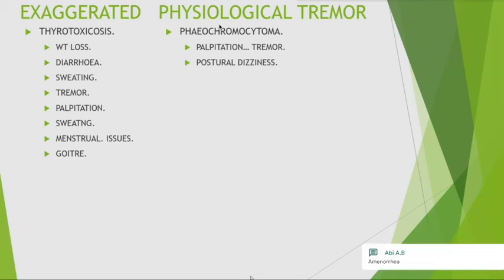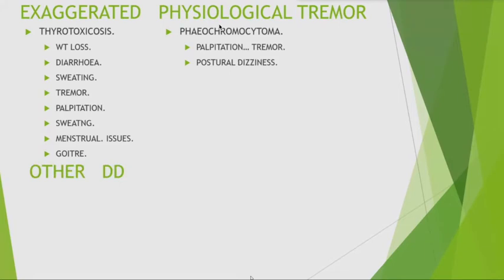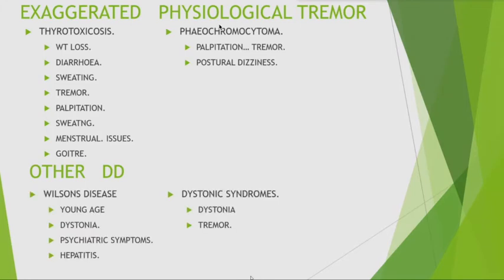And pheochromocytoma can also manifest as episodic palpitation, tremor, and postural dizziness. The other differential diagnoses to be offered, though rare, are rare, but still we mention them for completion's sake: benign essential tremor and Wilson's disease. How do you diagnose Wilson's disease?